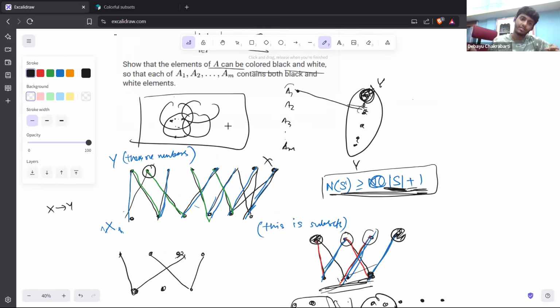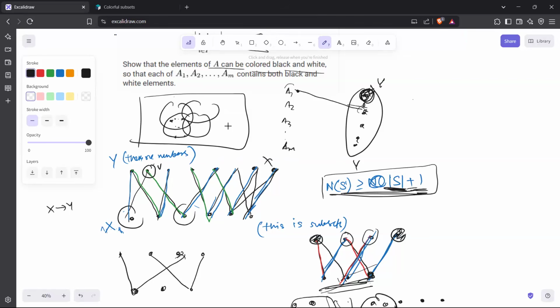Okay, let's just first consider that vertex, let it be V. And you were considering the neighbors. Fine, sure.